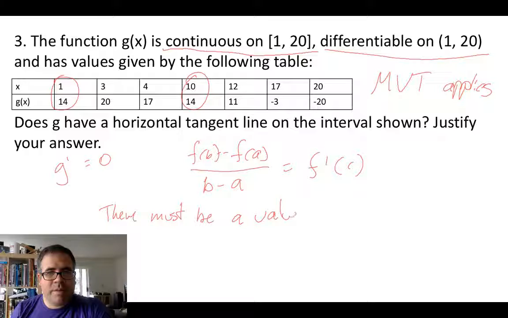a value between 1 and 10. Let's call that value c, so that g prime of c equals 0 by the mean value theorem.